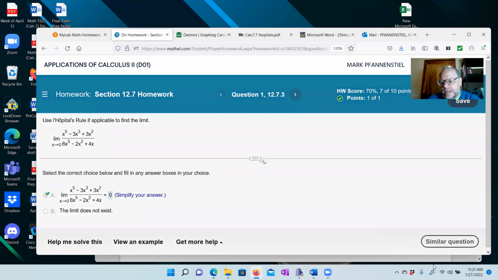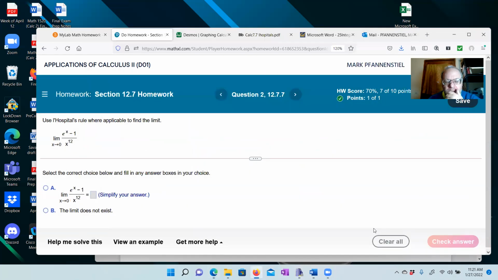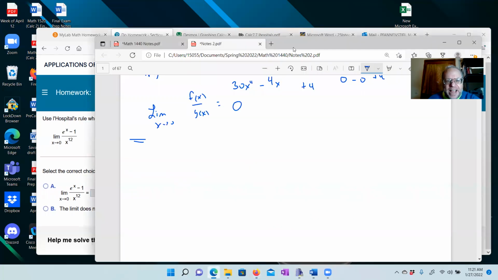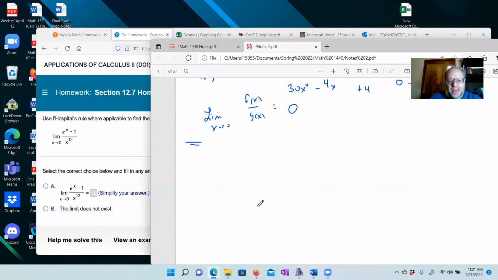Again, I'm going to grab a similar question because I don't want the same one. Okay, we have the limit as x approaches 0 of e to the x minus 1, divided by x to the 12th.